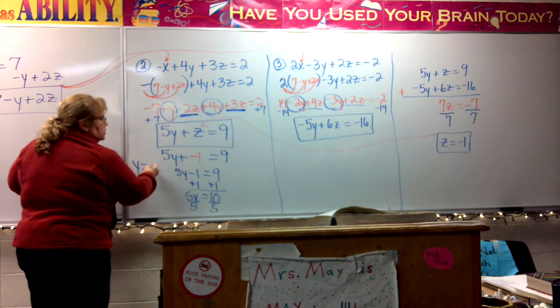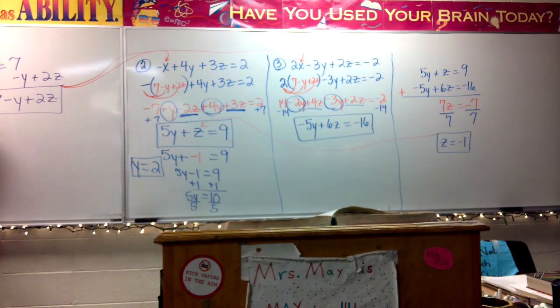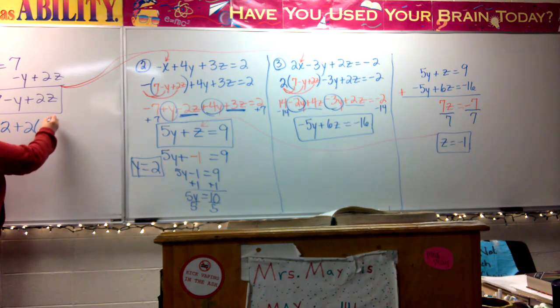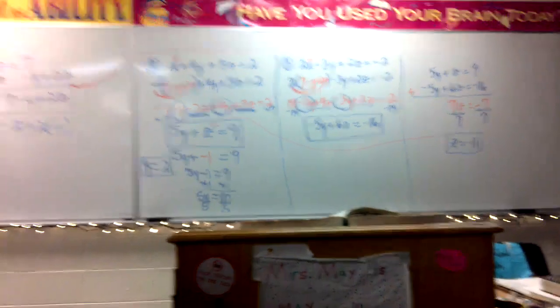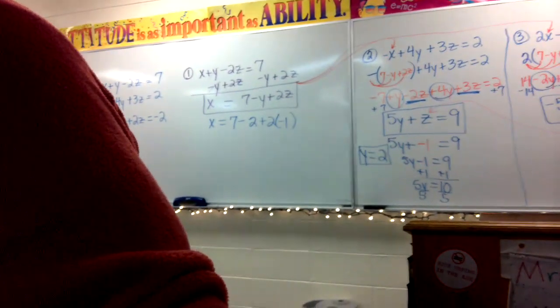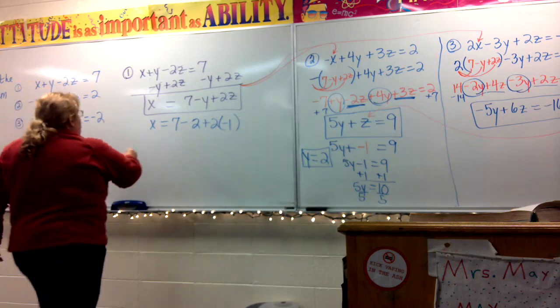And now we have to find x. Now you can go back to this and plug in. I've got x equals 7, take away y is 2, plus 2 times z, but z is -1. So all we have to do is work this out.